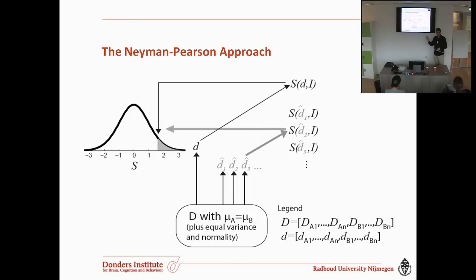But for explaining the principle behind Neyman-Pearson theory, it doesn't matter whether you look at the data of one subject and then the replications are the trials, or whether you look at the data of multiple subjects and then the subjects are the replications. So we look now at the data of one subject.